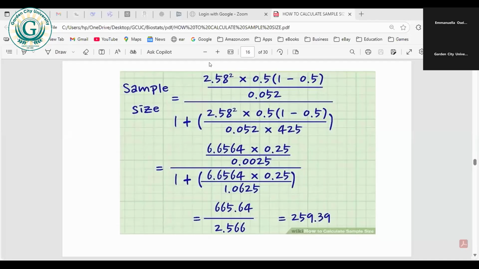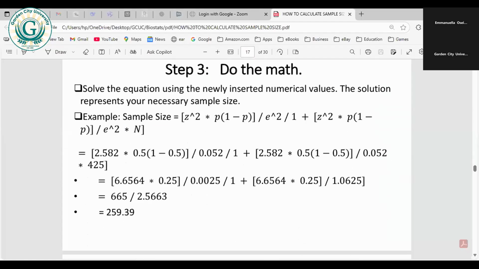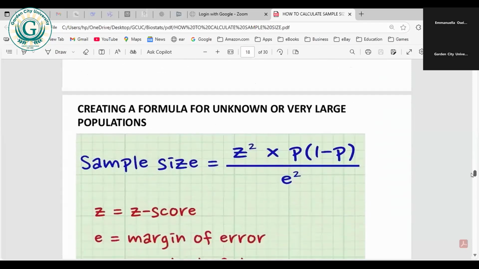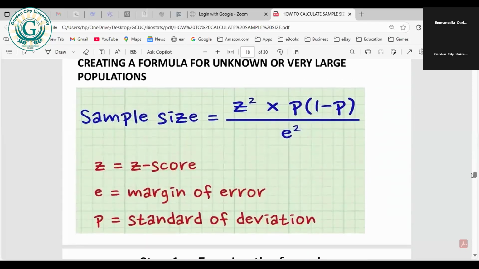Okay, so now let's move on. So this is also another formula. This one is very simple, and normally this is what I use a lot.